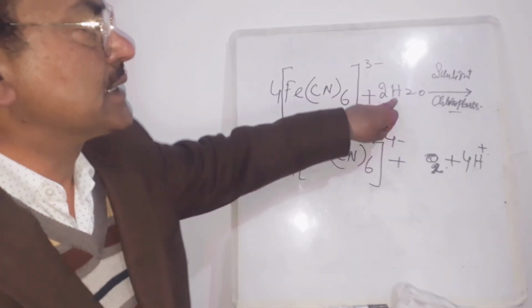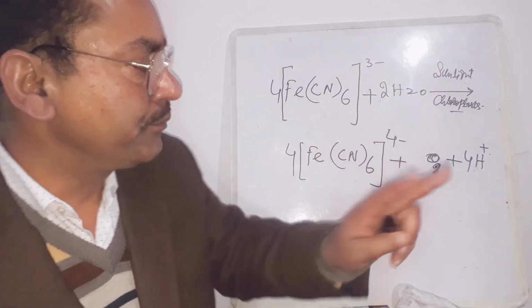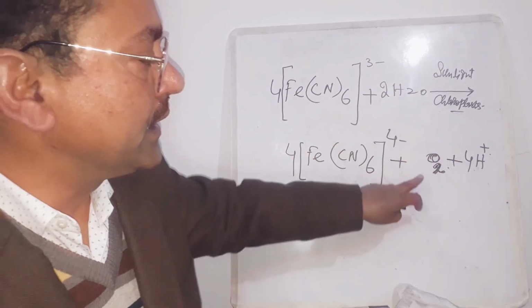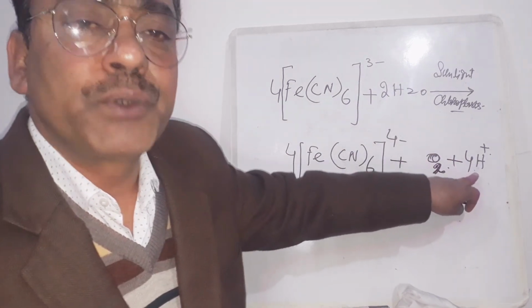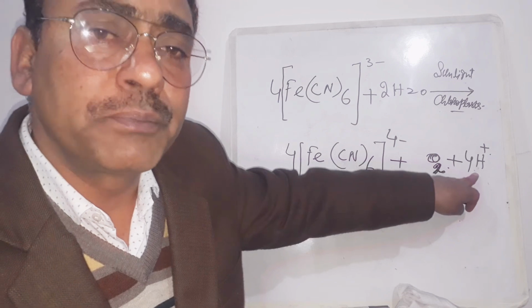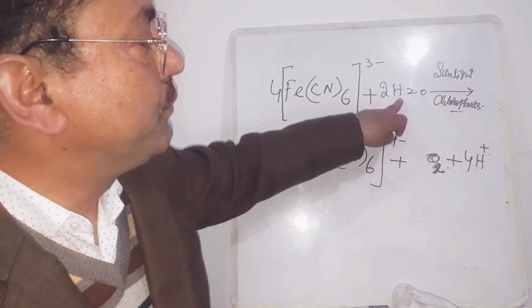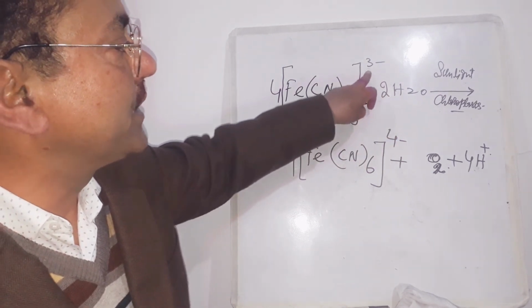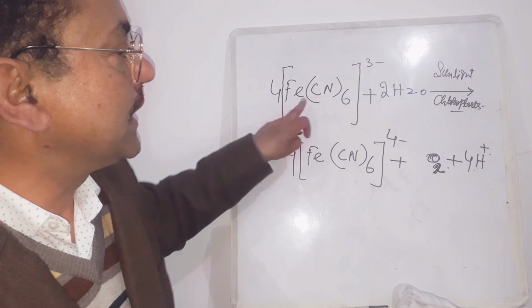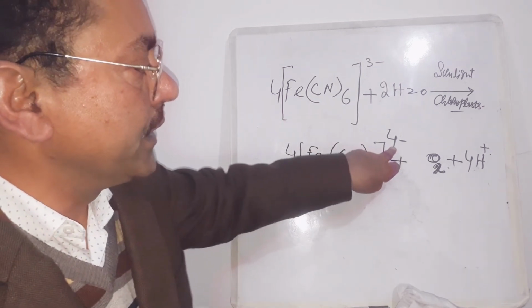This water was split into 3 products. One is the oxygen, another is the protons. 4 protons were liberated, and 4 electrons. The 4 electrons were received by ferricyanide.